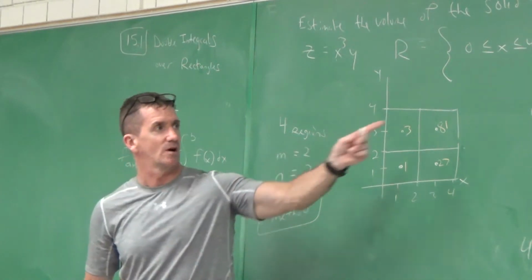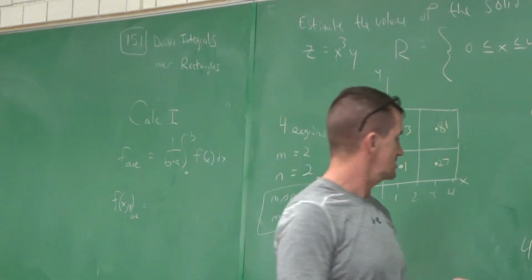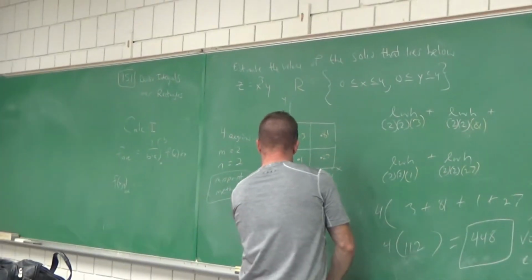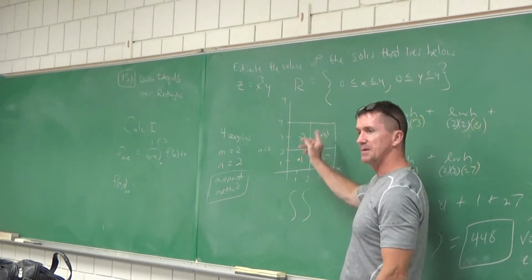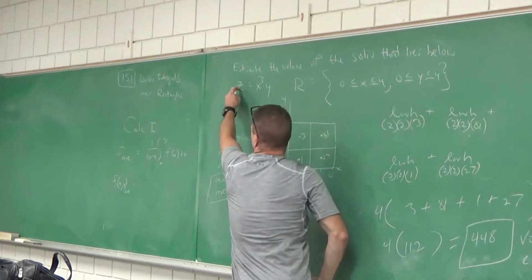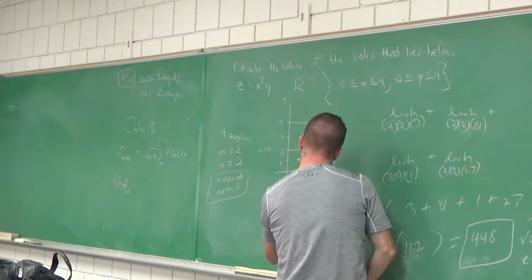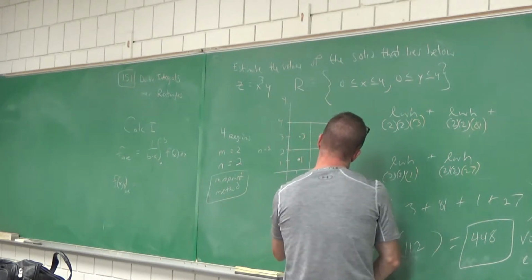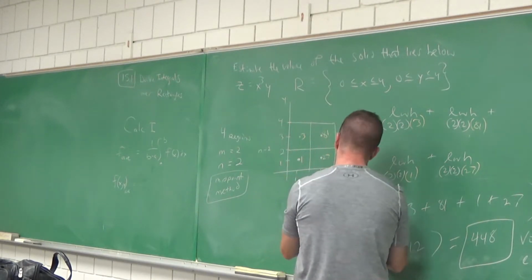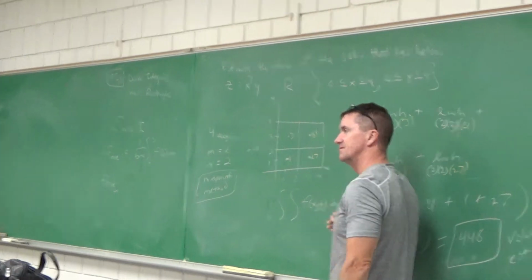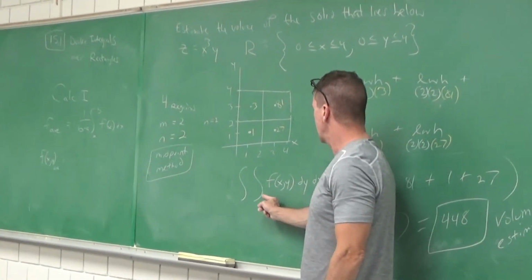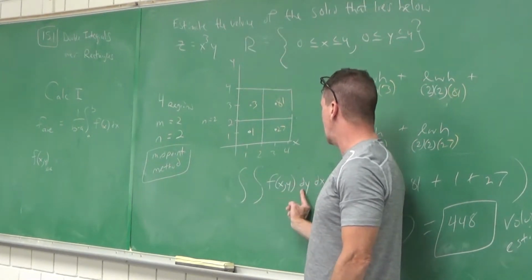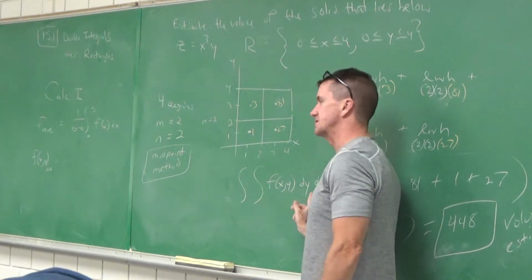First of all, I want to give you the notation for this. You know what you just estimated? We write this as a double integral. We just estimated a double integral. I can call z a function of x and y, right? I'll have to put a dy and a dx down there. This is a function of x and y. And here you can put the limits for the y, and here you put the limits for the x. So look at this picture.